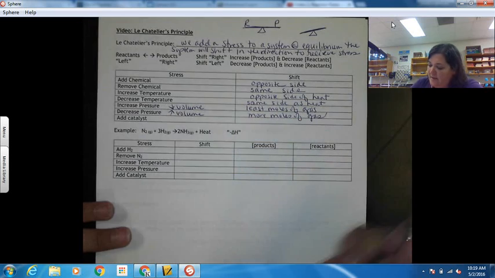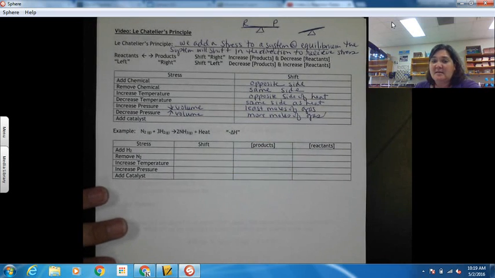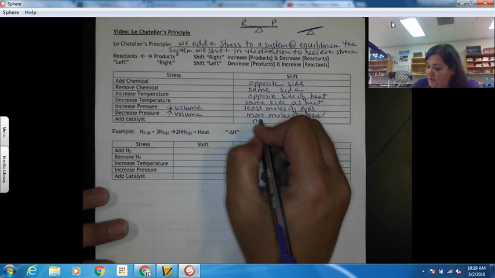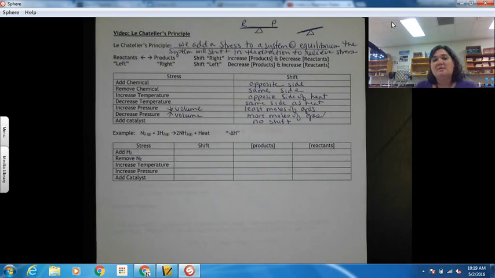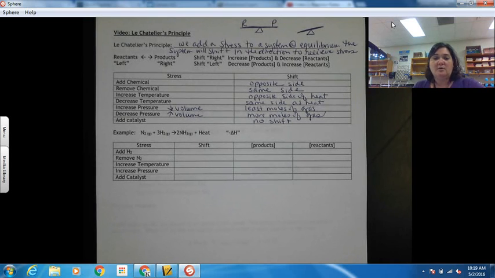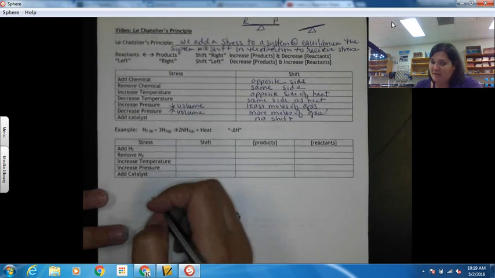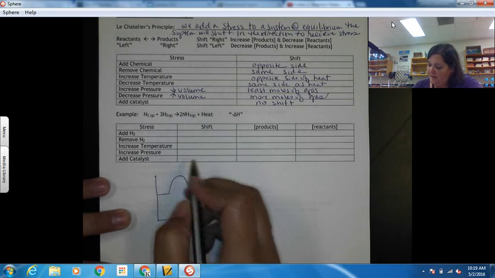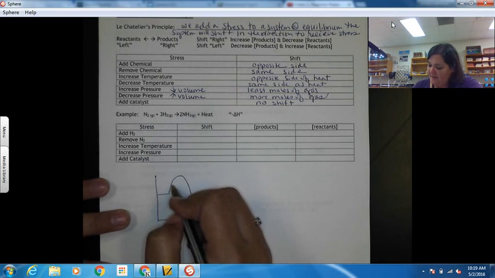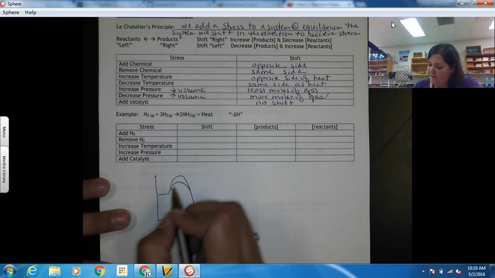Okay. Now if we add a catalyst, we will have no shift. Again, that's because a catalyst increases the rate of the reaction. And we talked about with equilibrium that the rate of reaction in the forward direction and the rate of reaction in the reverse direction are equal. If we think about our potential energy diagrams, and we lower our activation energy by adding that catalyst, we have lowered it in both directions.